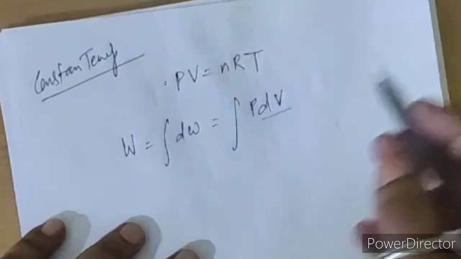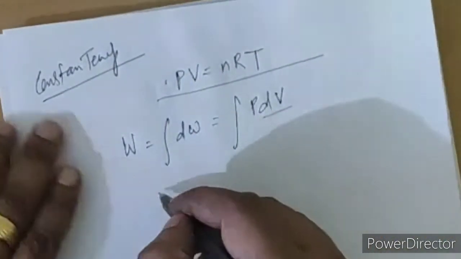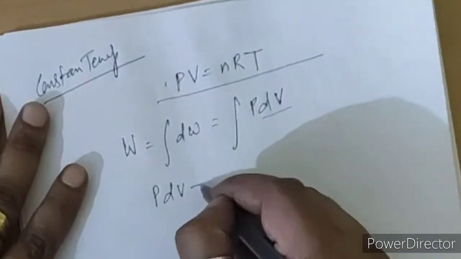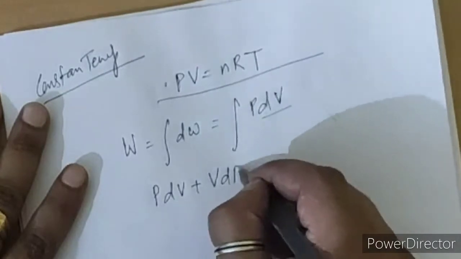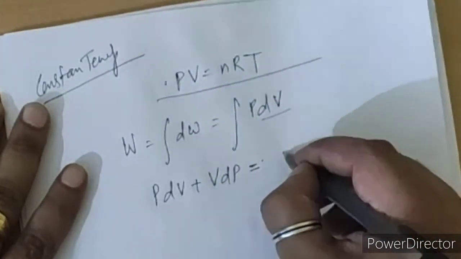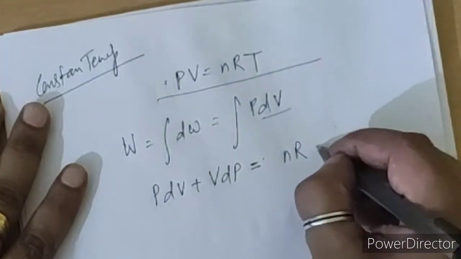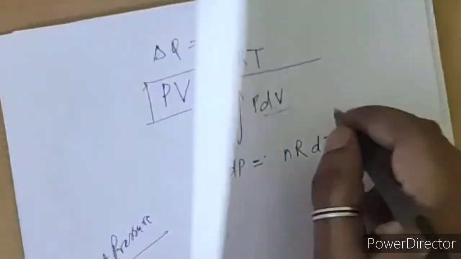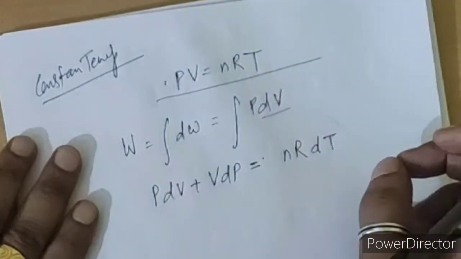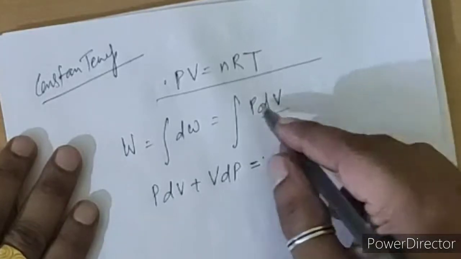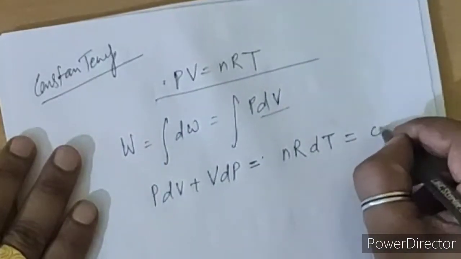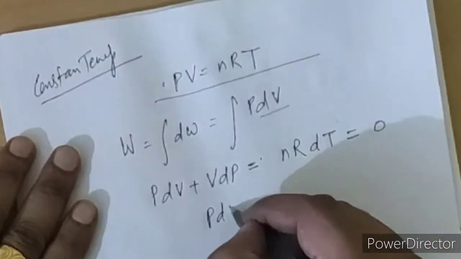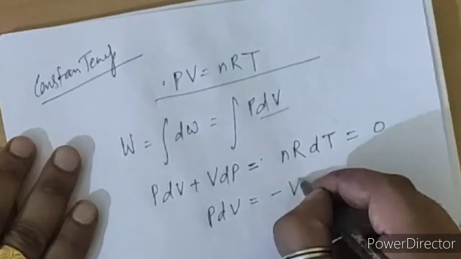So if we take the differentiation of this equation, this becomes P dV plus V dP is equal to nR dT. But since it is a constant temperature case, this becomes 0, so P dV becomes minus V dP.